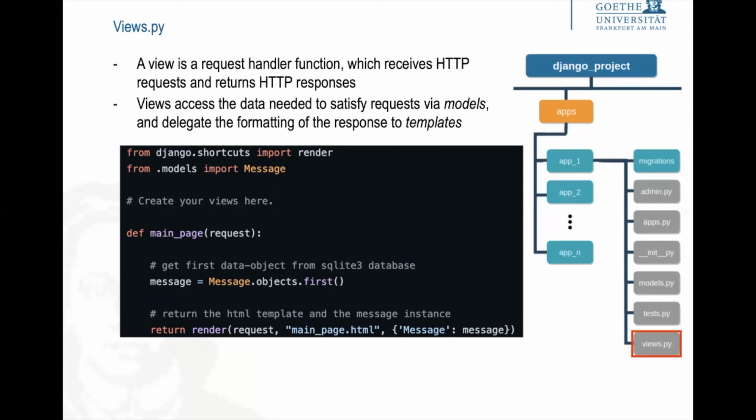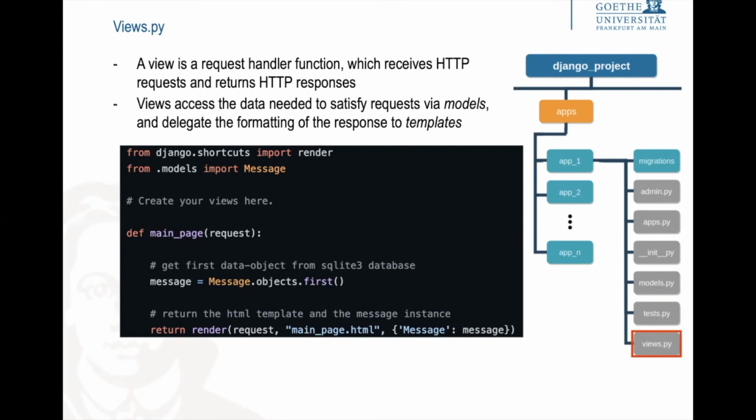As we've seen already in the HTTP request response cycle slide, this is basically the function that is called from the URL mapping. And it serves as a primary entry point for the Django or Python code, so to say. The main tasks are to receive the HTTP request, and then to perform read-write operations on the data models, also source HTML files, and then bundle everything and send it back to the client.